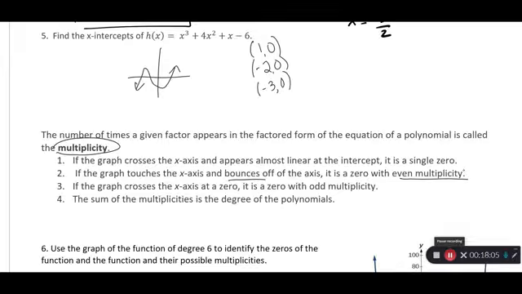Even multiplicity. If the graph crosses at that spot, we have odd multiplicity. And we should have the same number of zeros as we do degree of the function, but you have to count all the repeats.